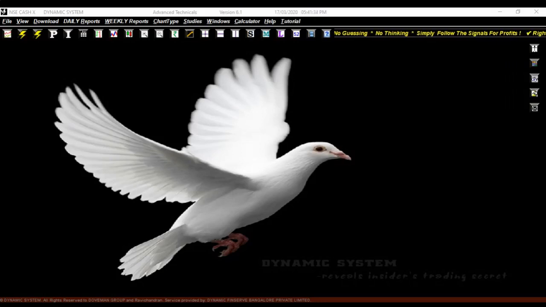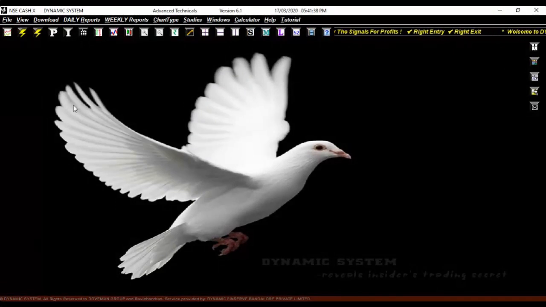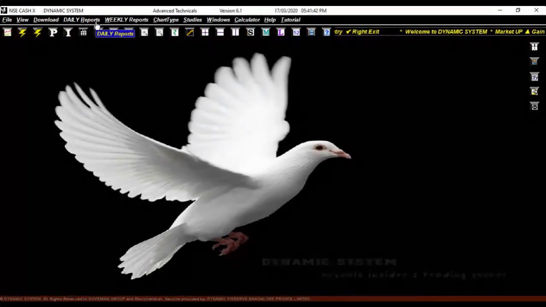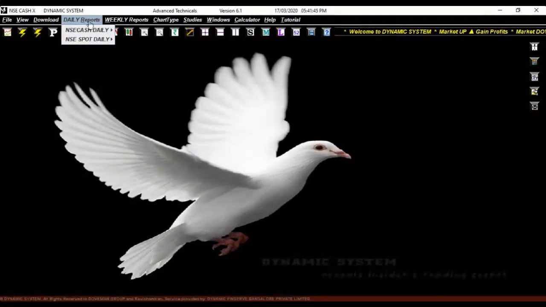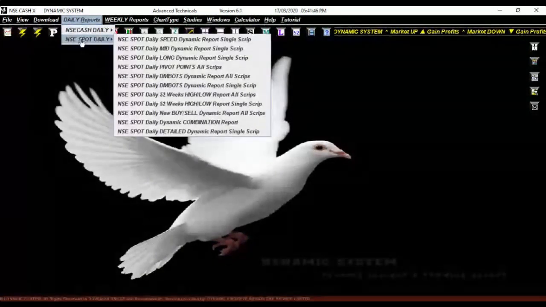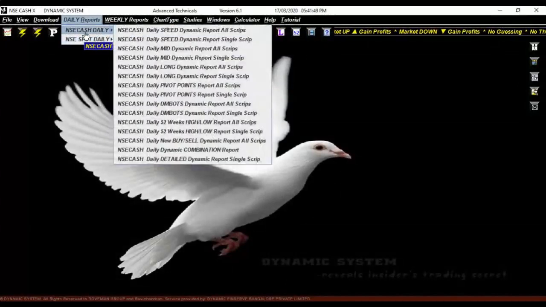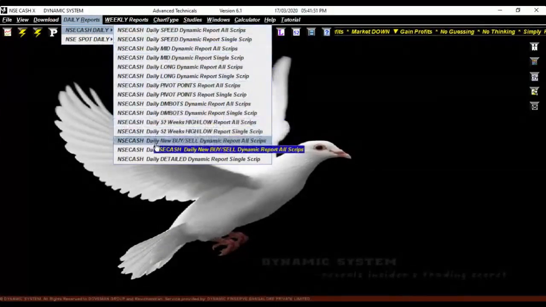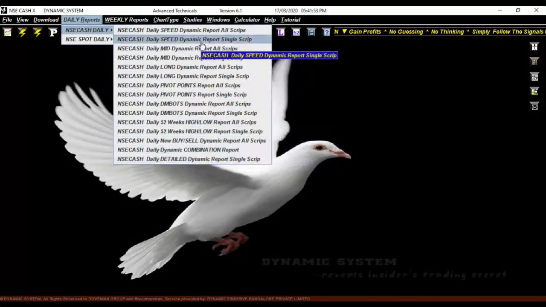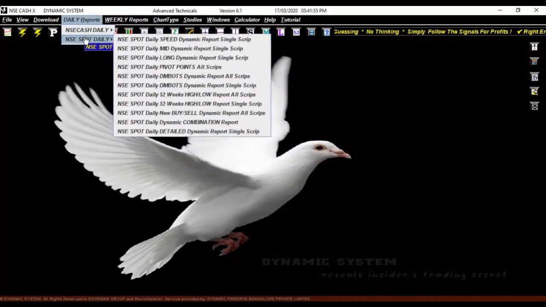Now let us see what is the report that I am supposed to open. For that, you have to go to dynamic system NSE cash. On top in the menu, there is something called daily reports. Click on that. When you click on that, there are two options, NSE cash and NSE spot. If you go to NSE cash, you'll get access to all the stocks, company stocks. But if you come to NSE spot, you will get access to all the indices like Nifty, Bank Nifty, and so on.